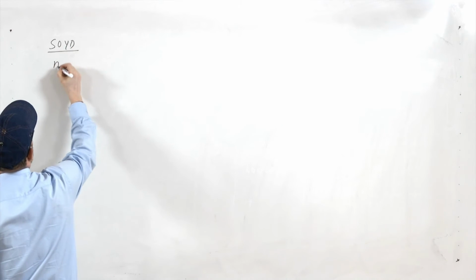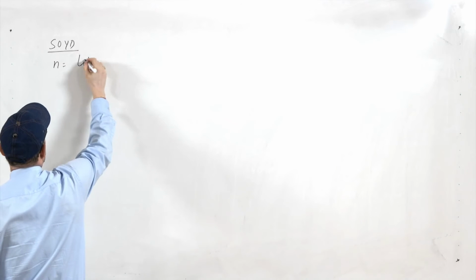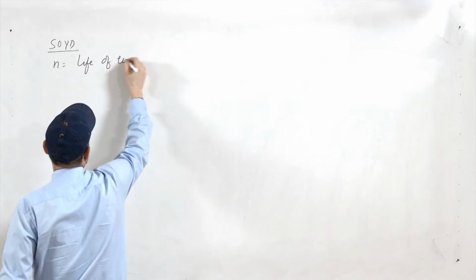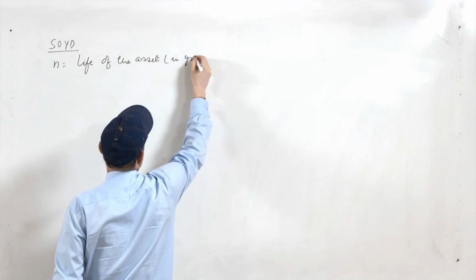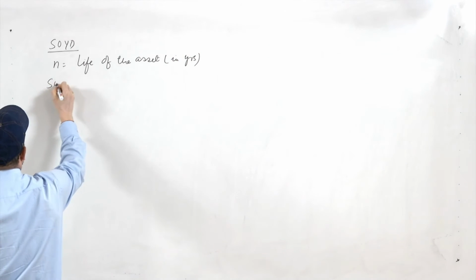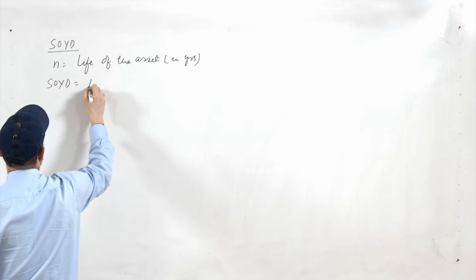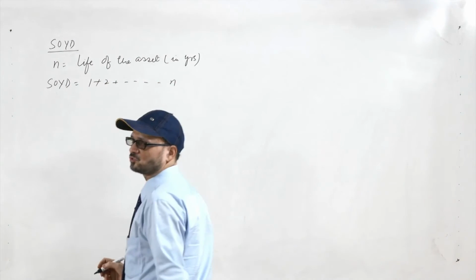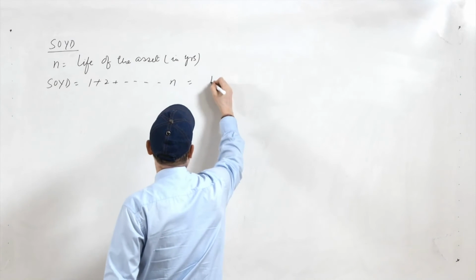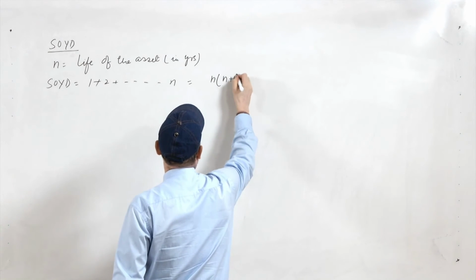So, if n is the life of the asset in years, the sum of years digits is nothing but 1 plus 2 plus up to n. We know that this value is nothing but n into (n plus 1) by 2.